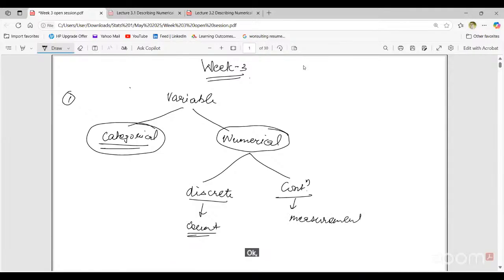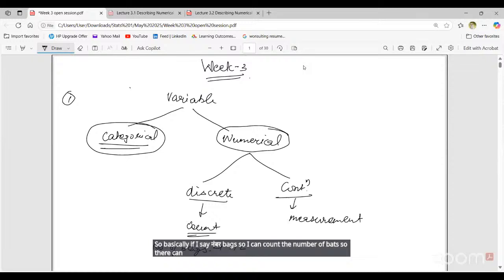So basically, if I say the number of bags, I can count the number of bags, right? There can be 1 bag, 2 bags, 3 bags, 4 bags, like that. These are my counts, my distinct values. So I can say this is my discrete variable, correct?